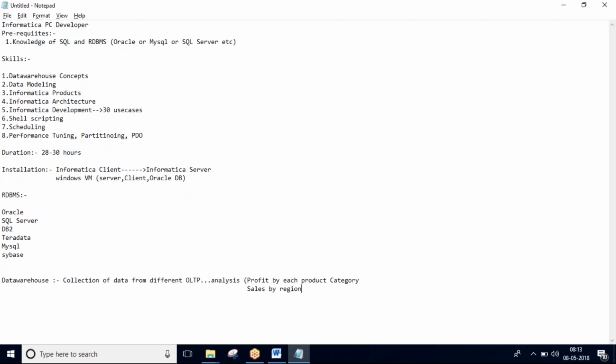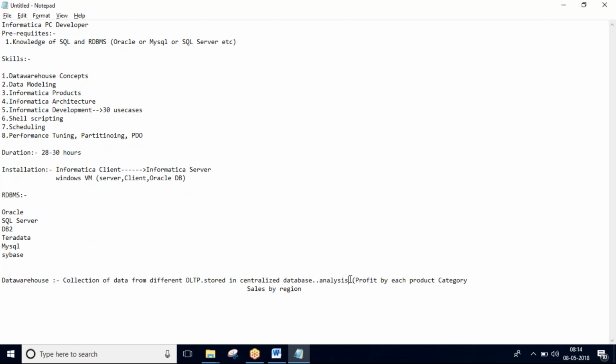So to do analysis, we collect the data from different transactional systems and store it in a centralized place. In simple words, a data warehouse is a warehouse where you're storing the data in a centralized place.